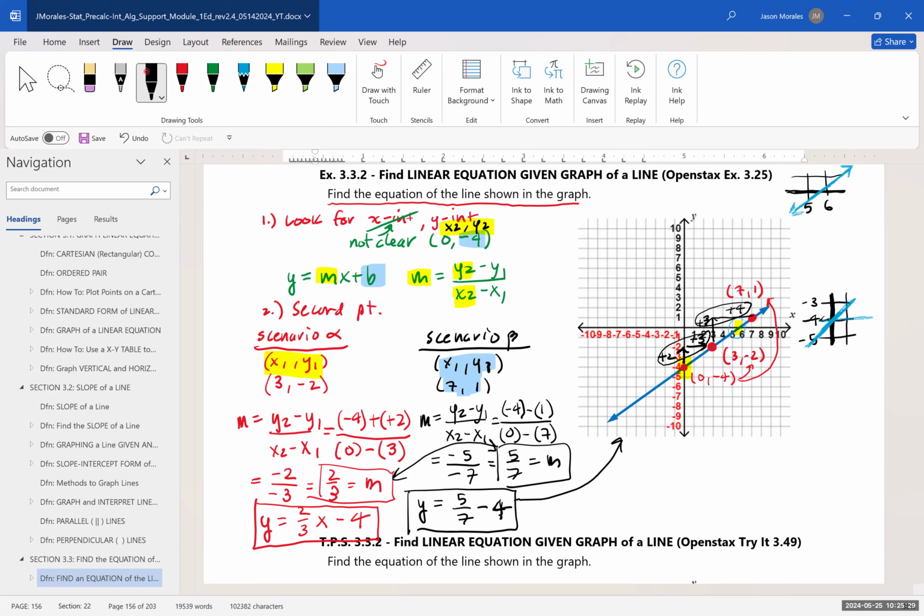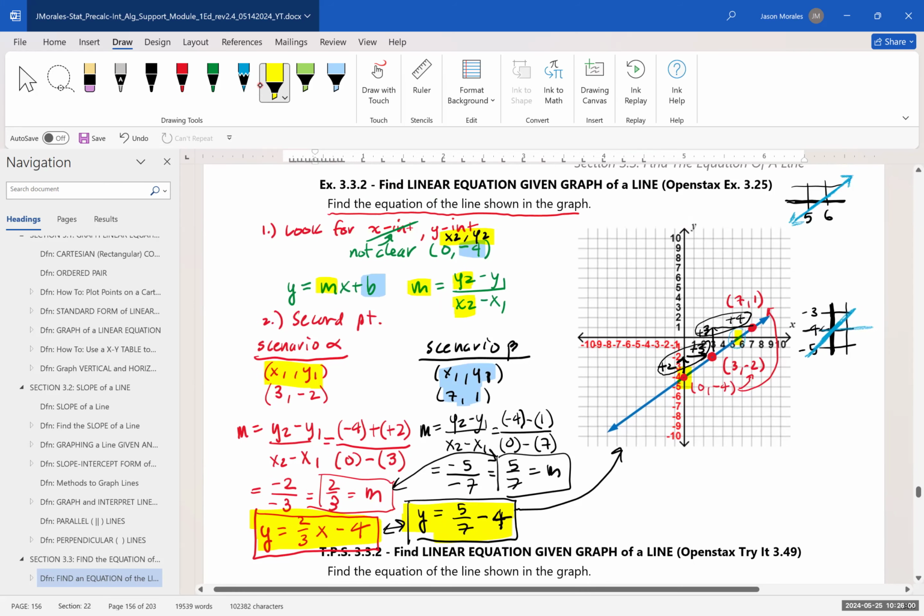And so you can see why it's so difficult to actually get the equation of a line from a graph, because depending on how well the graph was made and how it was blown up, it may be difficult to actually find exact points. And it's so critical that you can get two completely different answers if you just choose your points not very wisely.